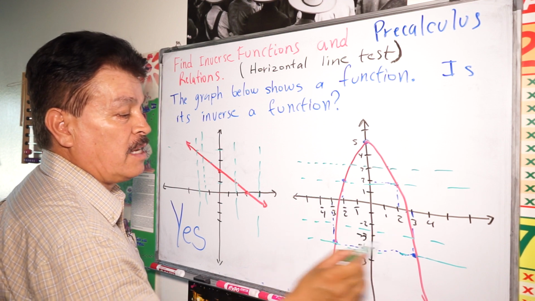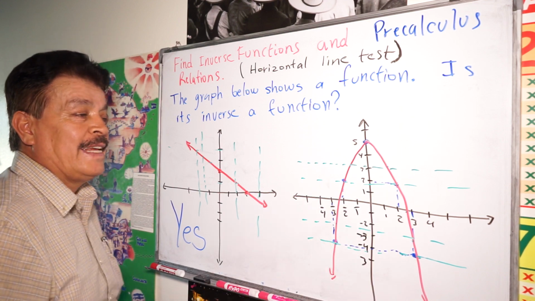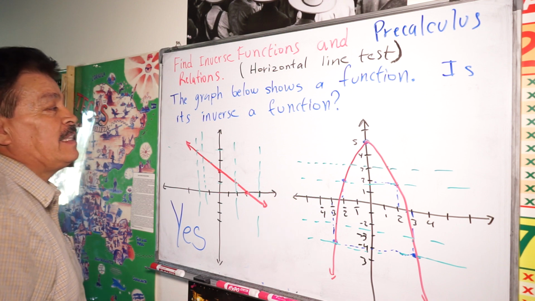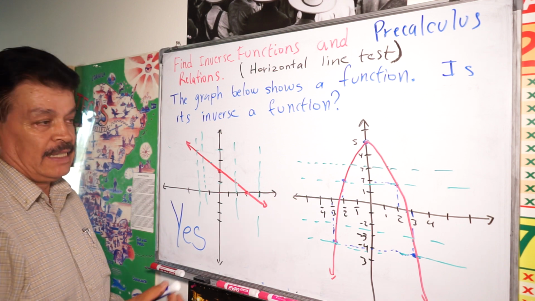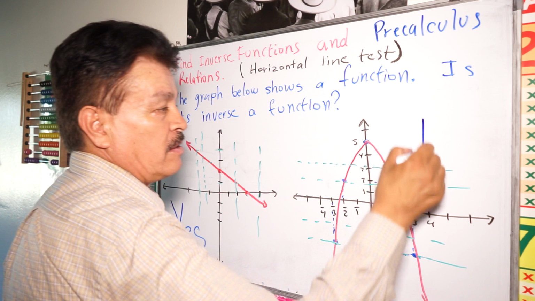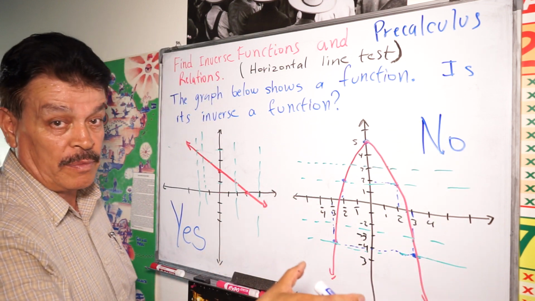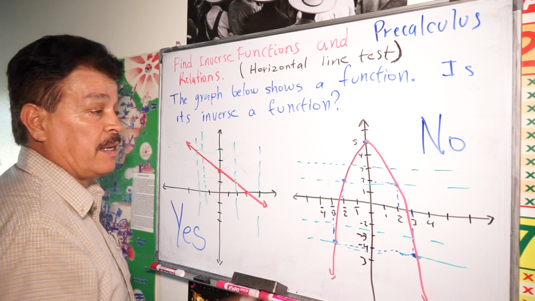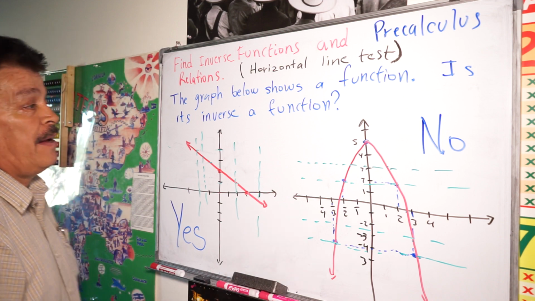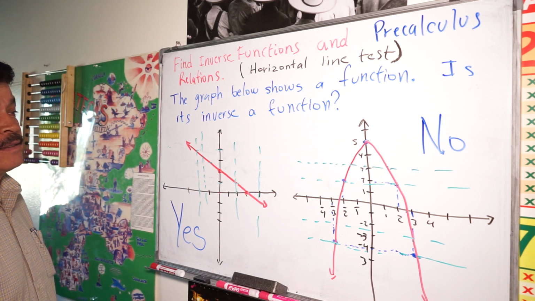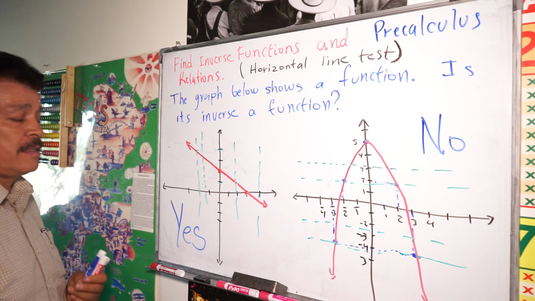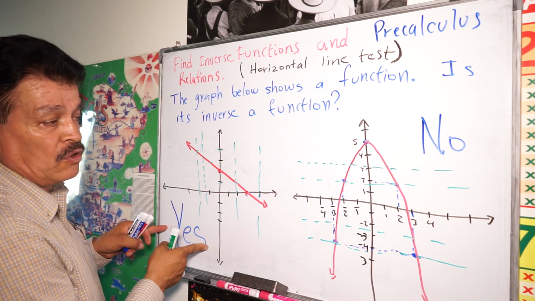So we touch 2 points, then this is not an inverse function. It's a function, of course, but it's not inverse. It's a function only, but it's not inverse. This one, yes, it's an inverse function.